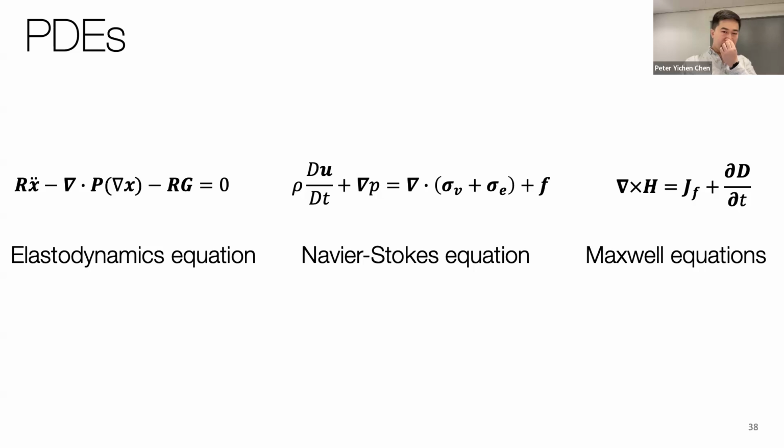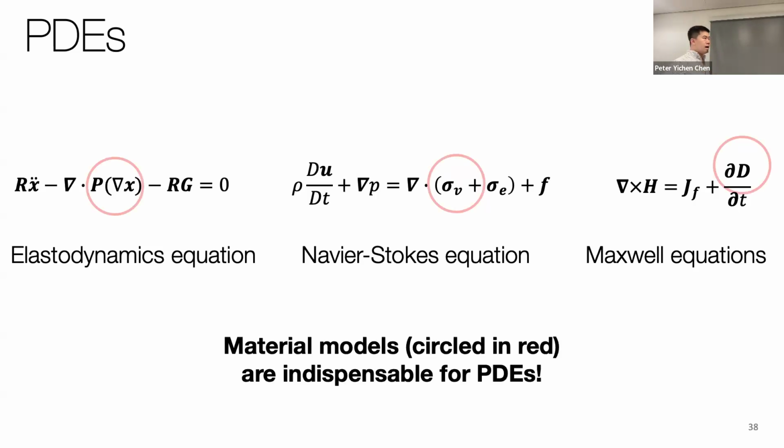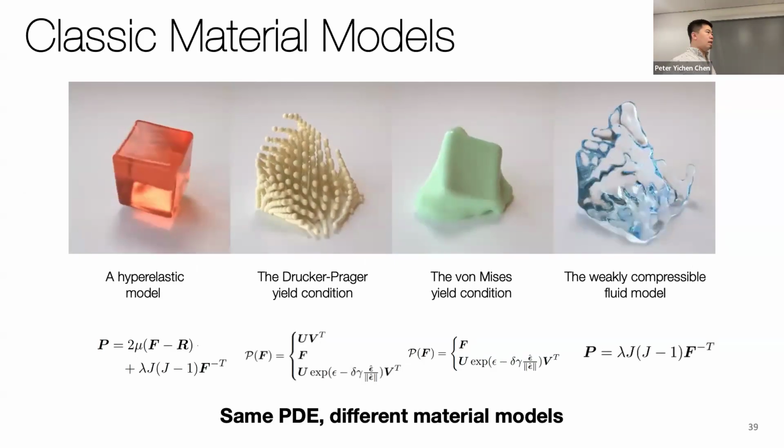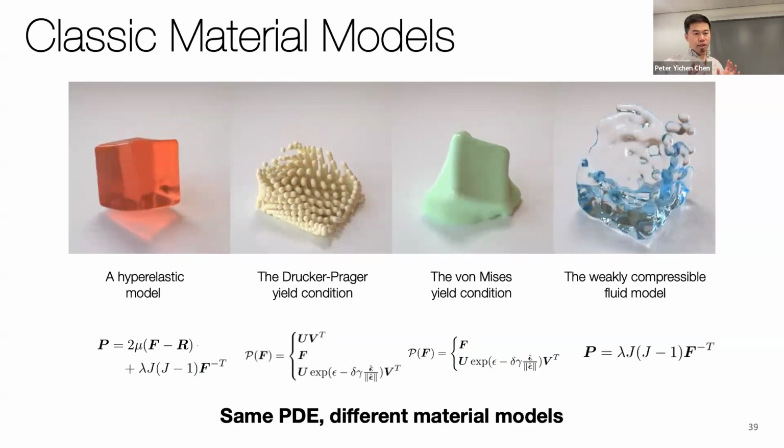if we look at these equations, they all have some sort of material model term. So for example, this is the same equation, but different material models: hyperelastic model, Drucker-Prager model, von Mises yield condition, and weakly compressible fluids. Even though it's the same equation, depending on the material model, you can have vastly different results. We were talking about earlier that maybe we can use an LLM to actually pick the right material models for us.